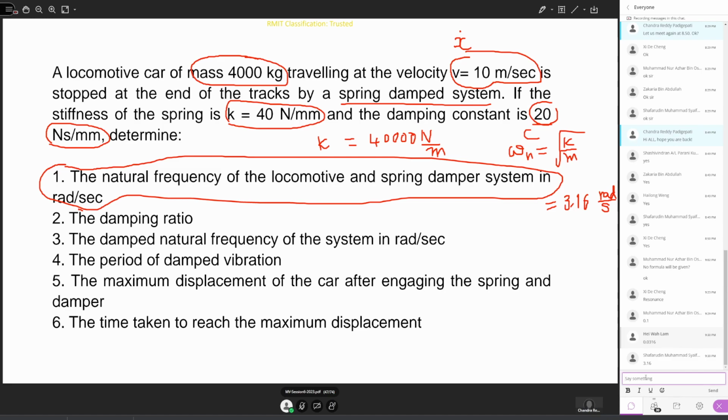So what is eta? To calculate the damping ratio, you need to calculate the critical damping constant. The critical damping constant will be 2 root km. Then you can calculate eta is equal to C over Cc.